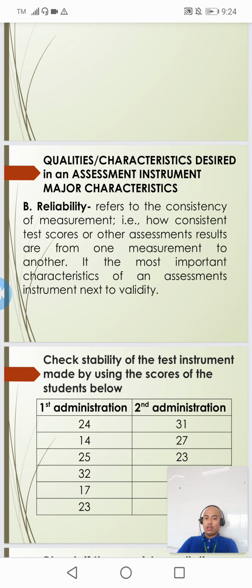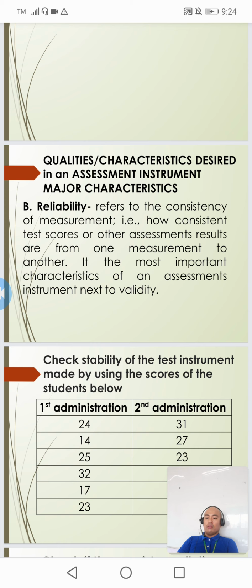So pwede mo pa rin gamitin si split half method. Or if you prefer another way in checking the internal consistency of our test instrument, pwede mong gamitin si Kuder-Richardson formula.